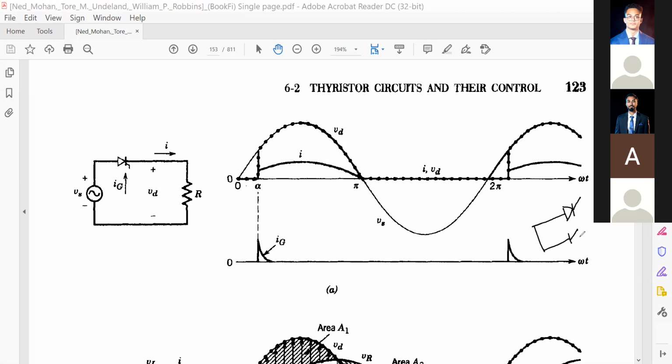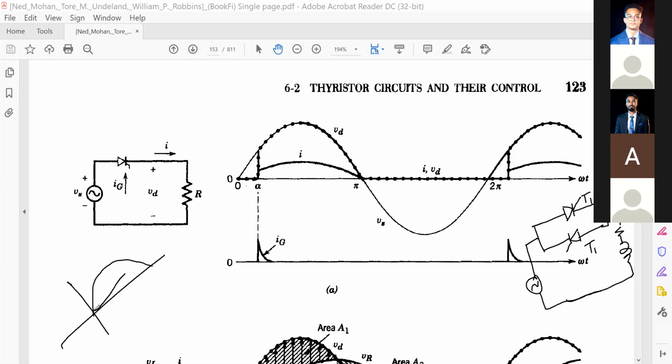We have used this kind of thing. Suppose this is your T1 and this is your T2, and in the positive half cycle the current will still be going on there.